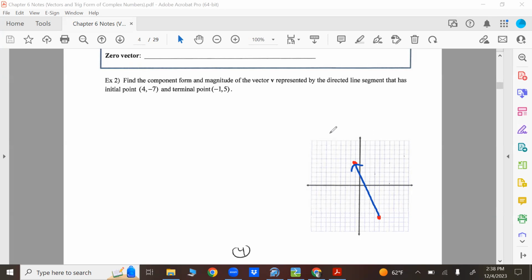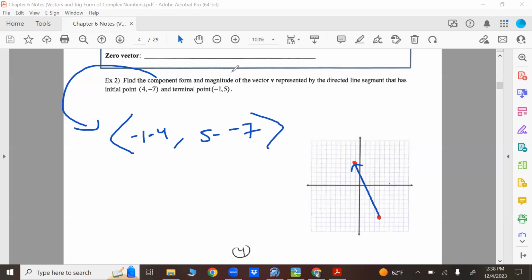All right. So you have to find, excuse me, the component form. Easy. -1 minus 4. So you do final minus initial, guys. Always final minus initial. Okay? Final minus initial.